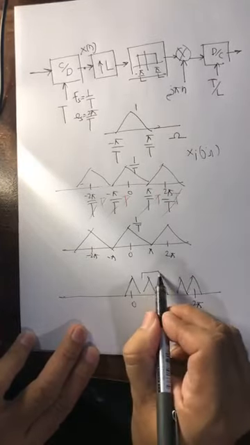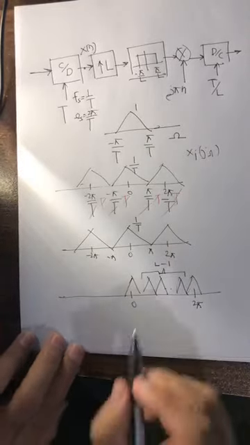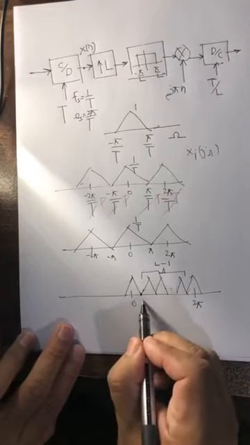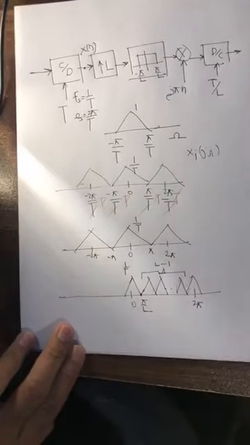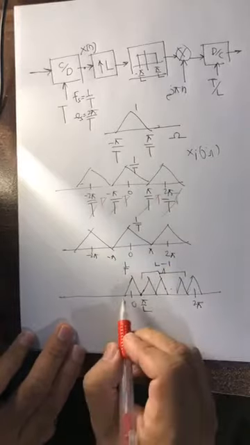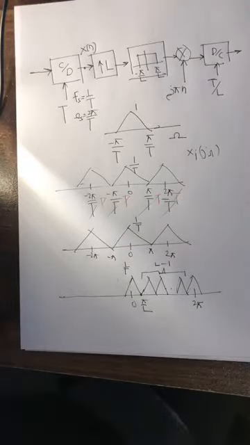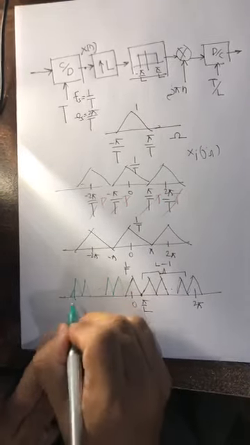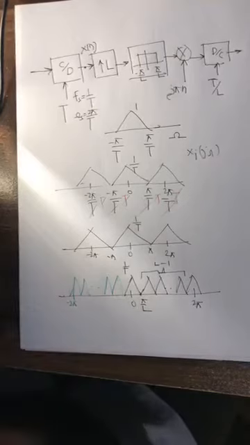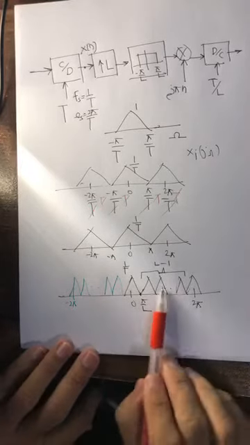So I am going to get L minus 1 extra copies, and this value will be at pi over L. This will still be 1 over T. And it will happen on the other side as well, so on both sides you are going to see extra copies, exactly L minus 1 extra copies.